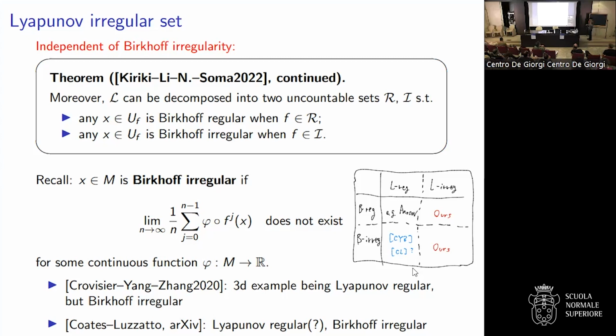Crovisier, Yang and Zhang constructed a three-dimensional partially hyperbolic diffeomorphism whose Lyapunov exponent always exists, but the time average does not exist for some continuous function. So their class is maybe here, and our class is here, and the hyperbolic class is maybe here.